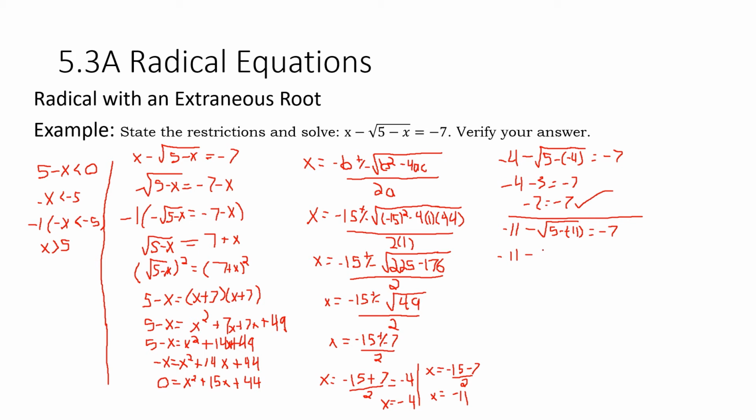So square root of 16 is 4 and equals negative 7. Negative 11 minus 4 is negative 15. And that does not equal negative 7. So in this case, the negative 11 for x is what we call extraneous.